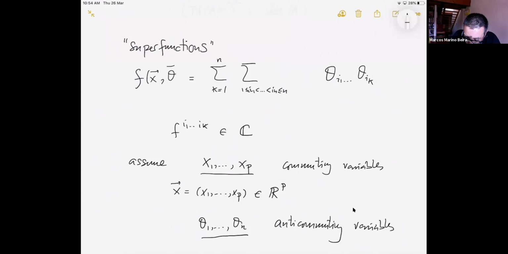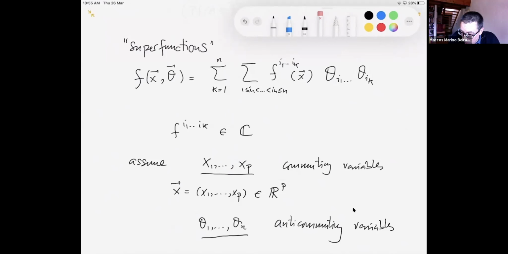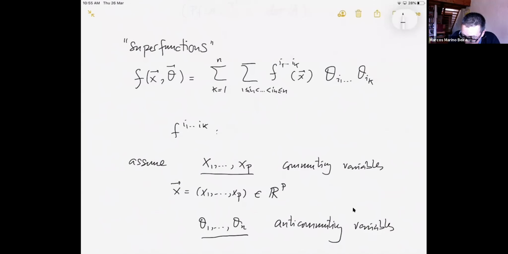This means that these coefficients are functions of x. So they are no longer constant coefficients, but they are functions from Rp to C. And such an object is called a super function.